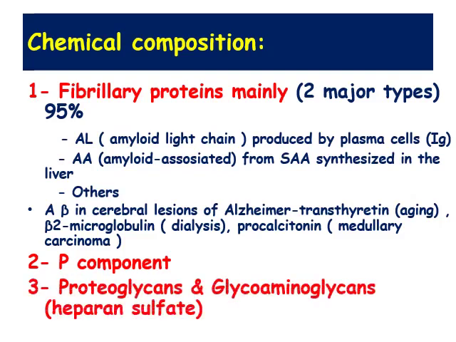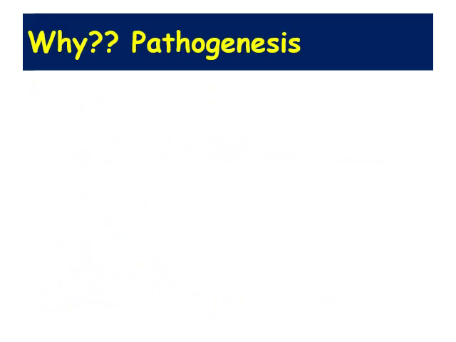Finally, the proteoglycans and the glycosaminoglycans are the last component of the amyloid protein. So these are the three major components: mainly the fibrillary protein, and the P component and the proteoglycans aid in the adherence between its misfolded parts.